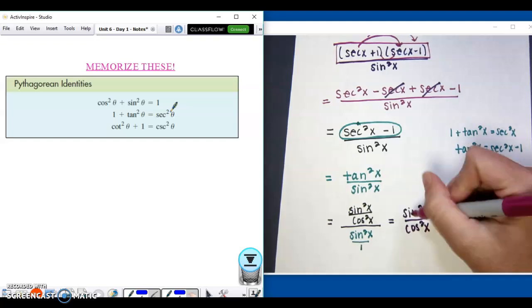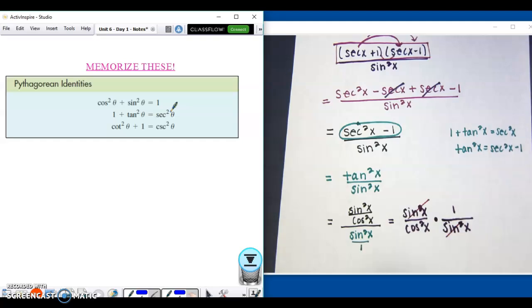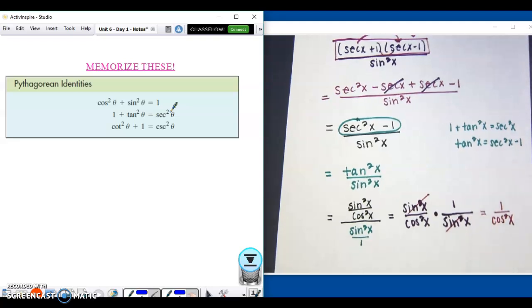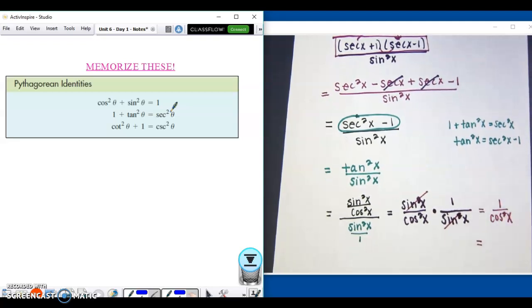Now we have sine squared in the numerator and the denominator, so those can cancel. And we're going to have 1 over cosine squared x. Well, we know 1 over cosine is secant, so that's going to give us a final answer of secant squared x. So we have reduced that to one trig function, even though it's squared, that's fine. And that's what we're going to get for that.